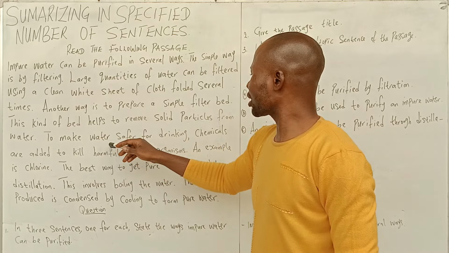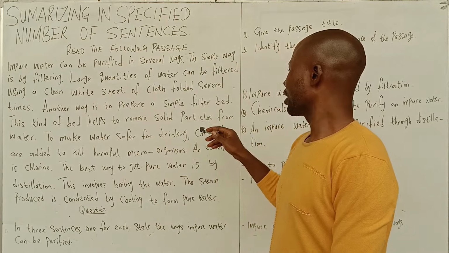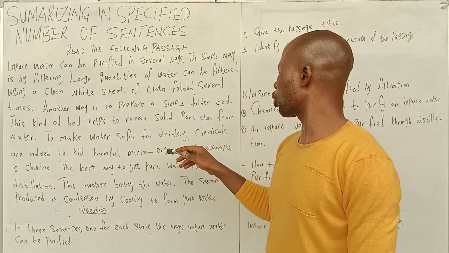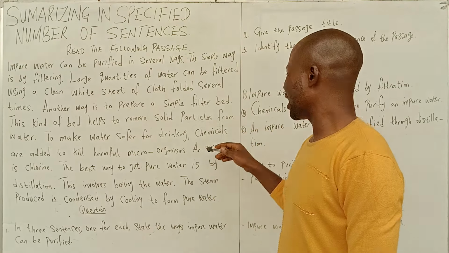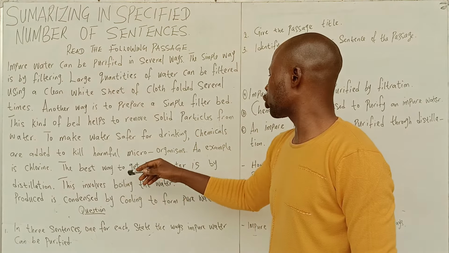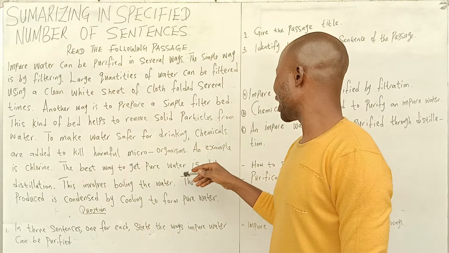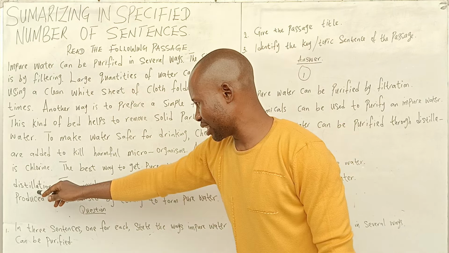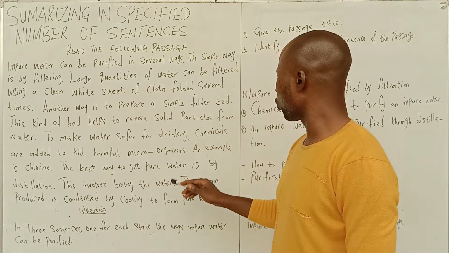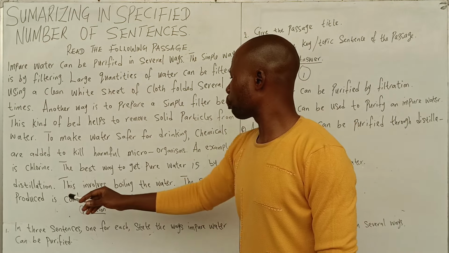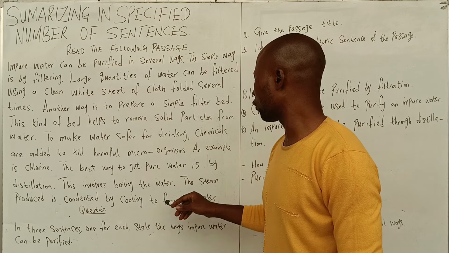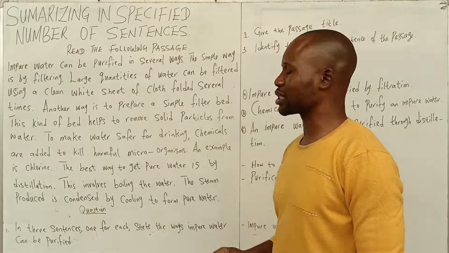To make water safer for drinking, chemicals are added to kill harmful microorganisms. An example is chlorine. The best way to get pure water is by distillation. This involves boiling the water. The steam produced is condensed by cooling to form pure water.